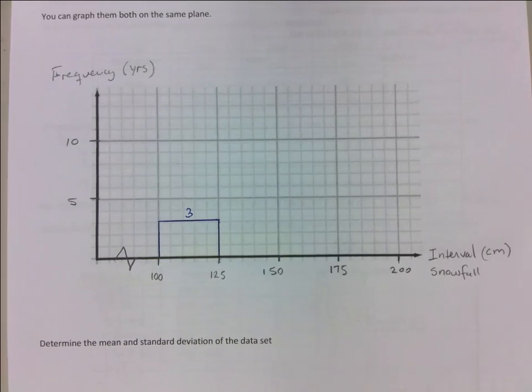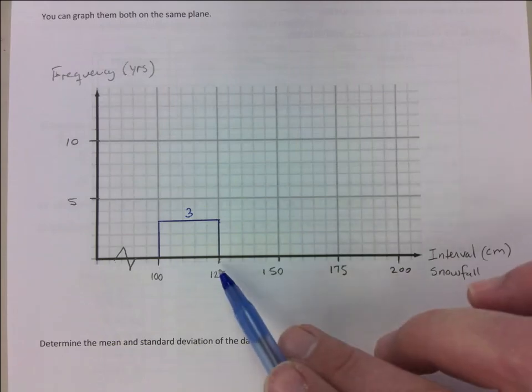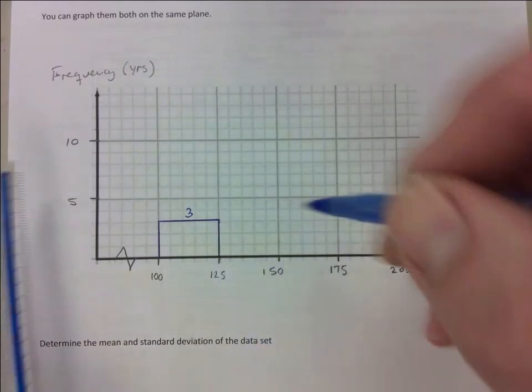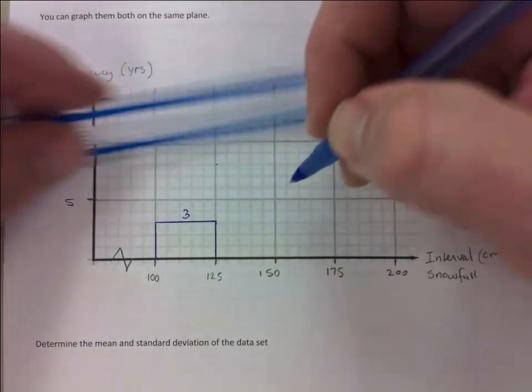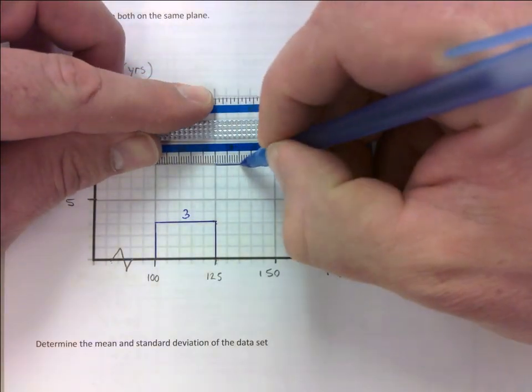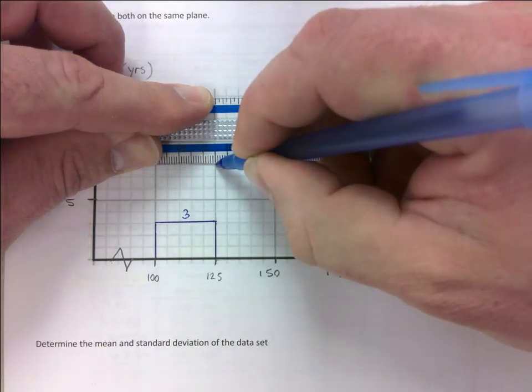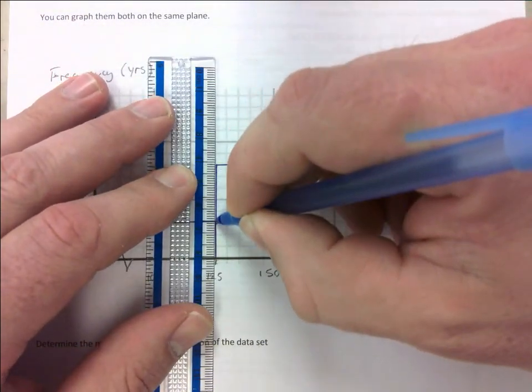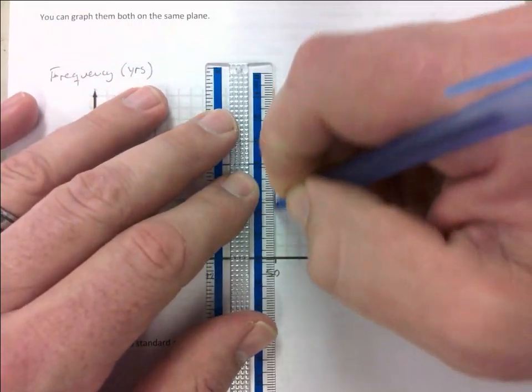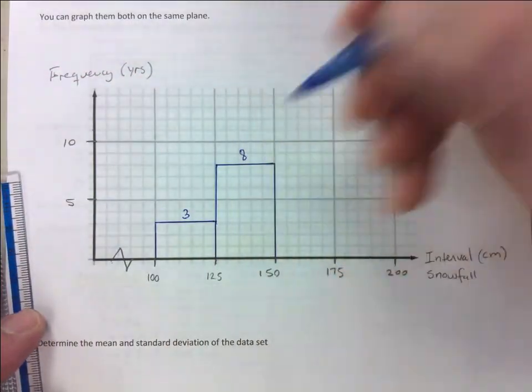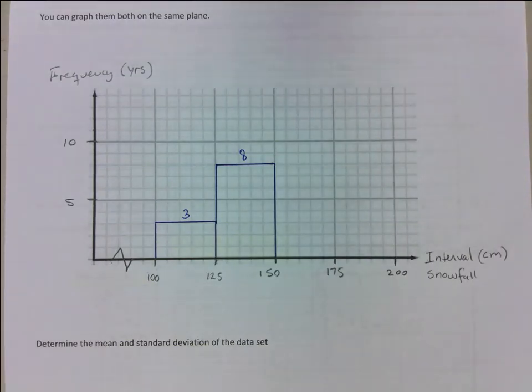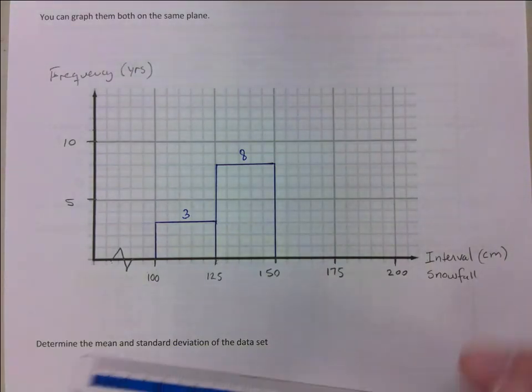The next one is 8, right? You go on your table, 125 centimeters to 150 is 8. So 8 would be right here for me. So just cap it. And yes, the bars are supposed to touch. Okay. So I've got 8. The next year is back to 3, okay?